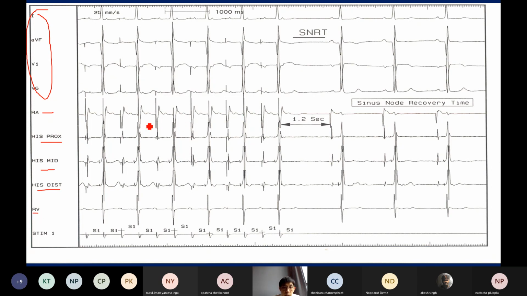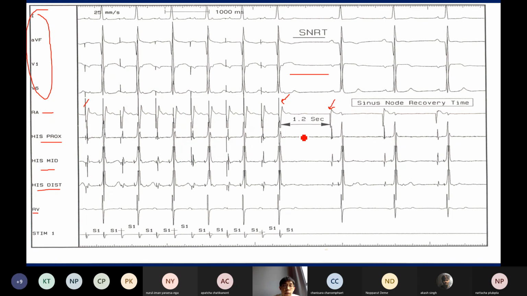Now we pace from the RA with a fast cycle length for some time, and we stop pacing, and this causes a pause in the sinus node. We measure the sinus node recovery time from the last atrial stimulus to the first atrial beat.